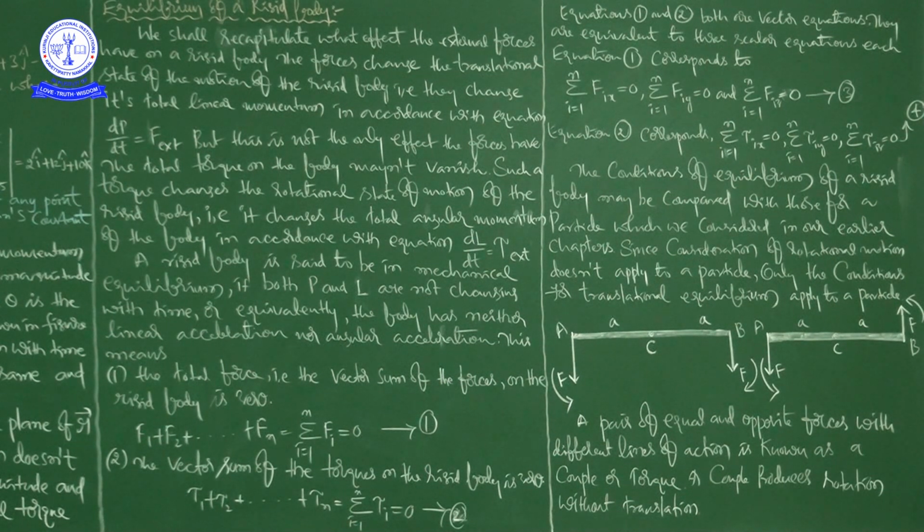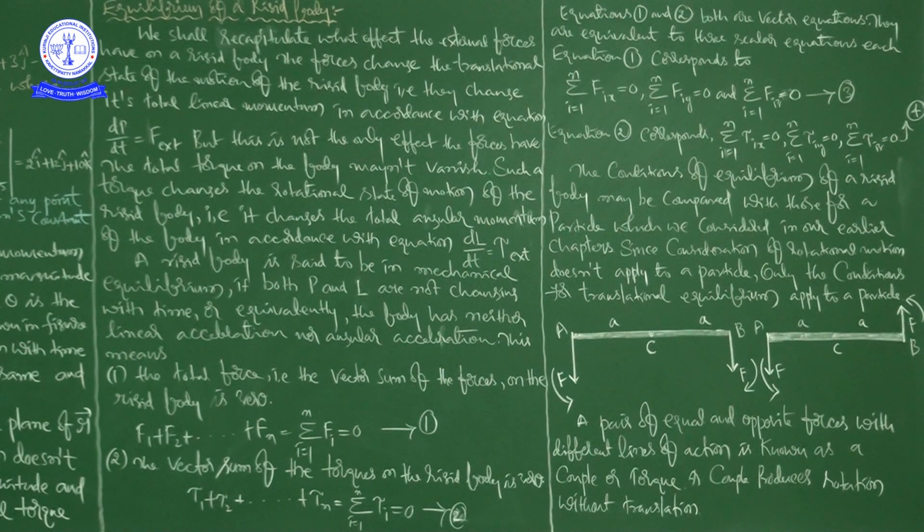That is, the sum of the components of the torques along any axis perpendicular to the plane of the forces must be 0. Whatever he is explaining in case of rotational motion, he is comparing with translatory motion.